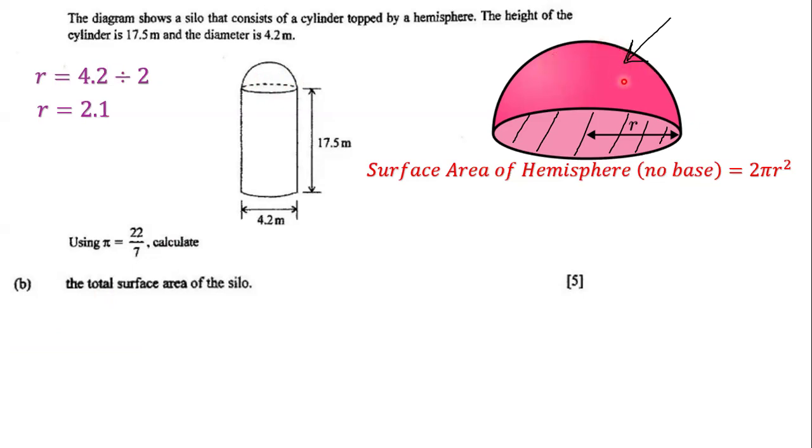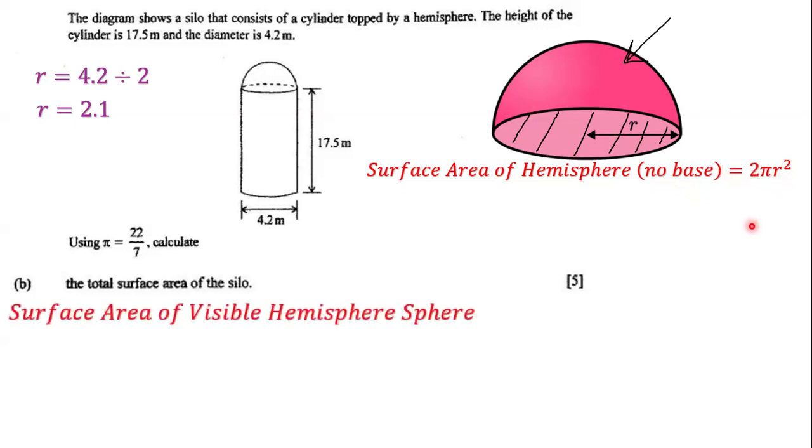So if we're only considering that, then the formula for the surface area of the hemisphere that is visible is going to be 2 pi r squared. That's the surface area of the hemisphere, not including the base. So 2 pi r squared, where pi is 22/7 and r is equal to 2.1, but we raise it to the power of 2.